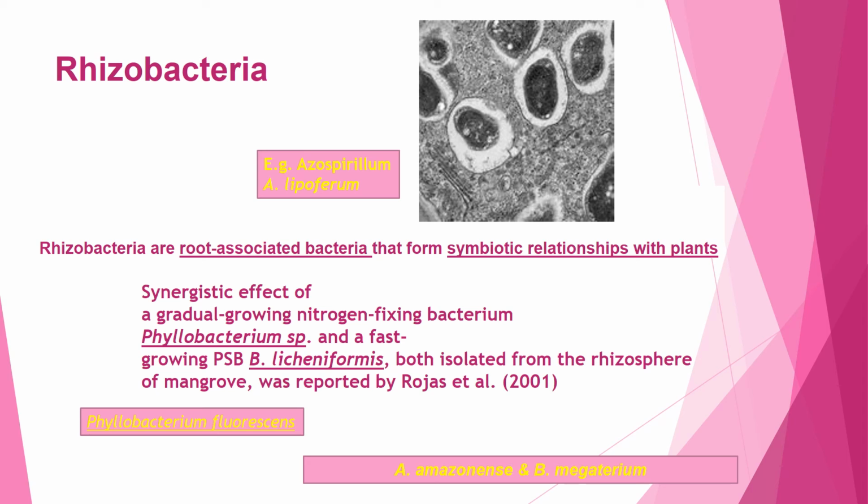For example, a nitrogen fixing bacterium, Bradyrhizobium species, is a gradually growing nitrogen fixing bacterium, and a fast growing PSM bacterium is Bacillus licheniformis. Both were isolated from the rhizosphere of mangrove. Mangrove, you know, has a lot of roots, some of which are exposed in the air, so a lot of microbes like to live in this mangrove.